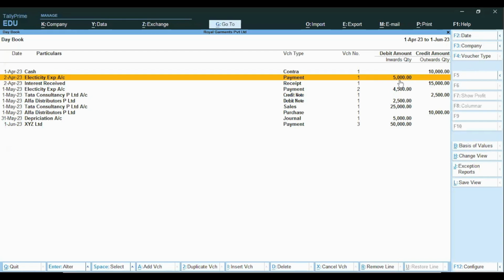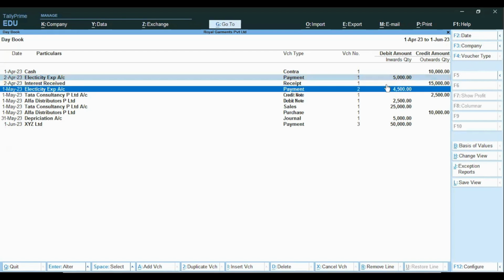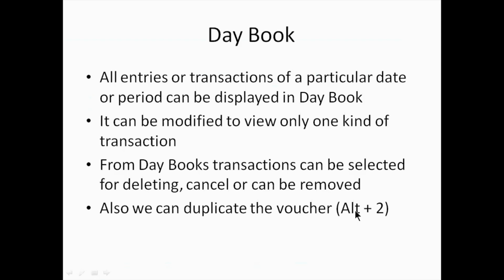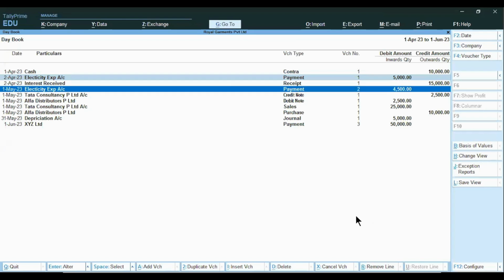See, we have this electricity expense, and this also. This is our electricity expense, and this is another electricity expense. So this is how we can copy the voucher. To copy the voucher, the shortcut is Alt 2. This is how we can copy the vouchers.